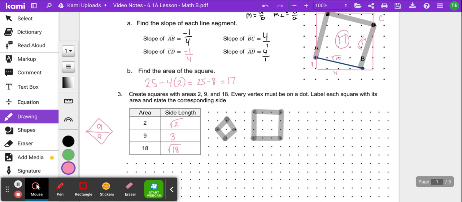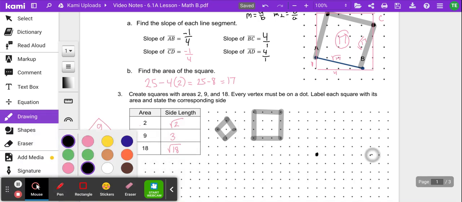So how can I get a 9? Well, if it's a triangle, I'd have to go 3 times 6. So I'd have to make it so it's 6 wide. 1, 2, 3, 4, 5, 6, and 3 high.